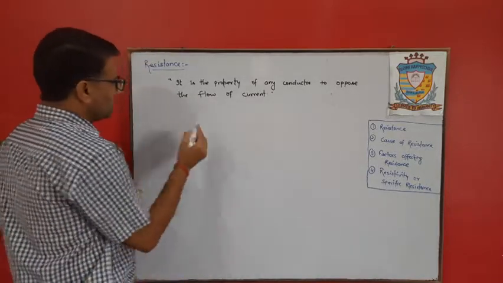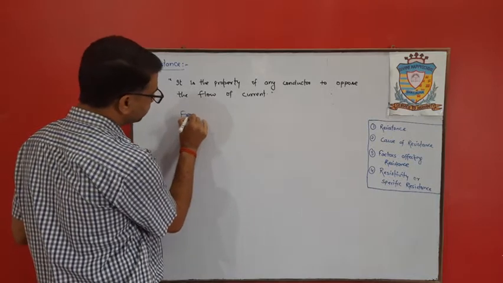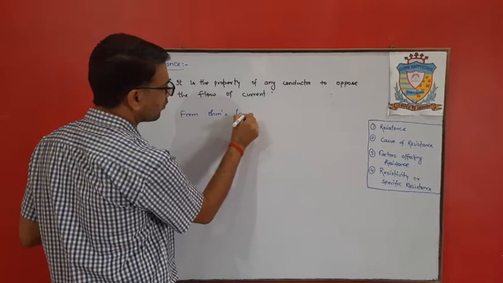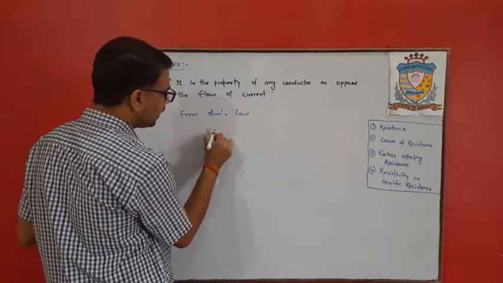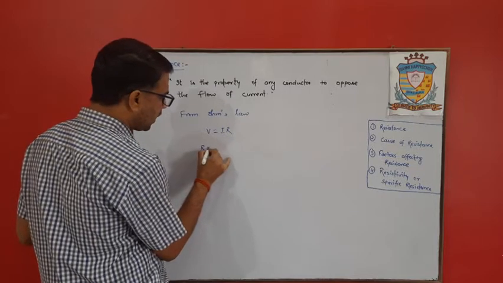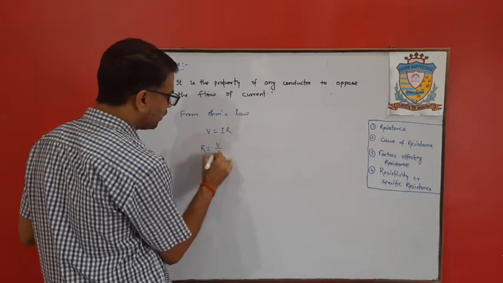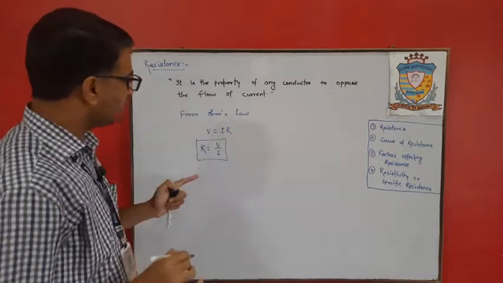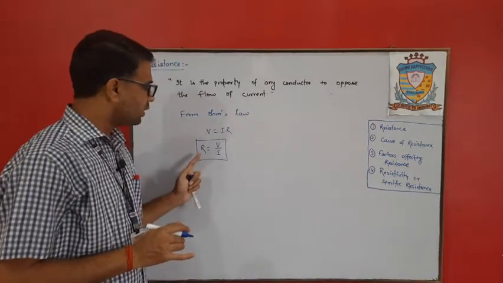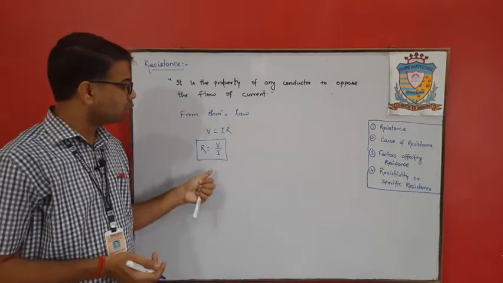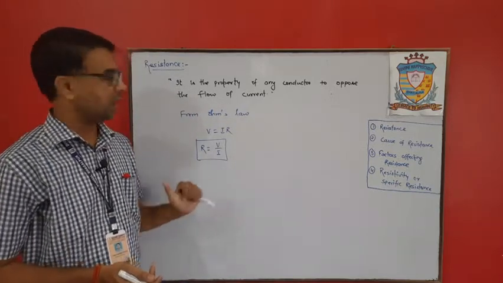Okay, so from Ohm's law, what we have is V is equal to I into R, and from here this R is equal to V upon I. So we can also define resistance as the ratio of potential applied to the current flowing in the conductor.